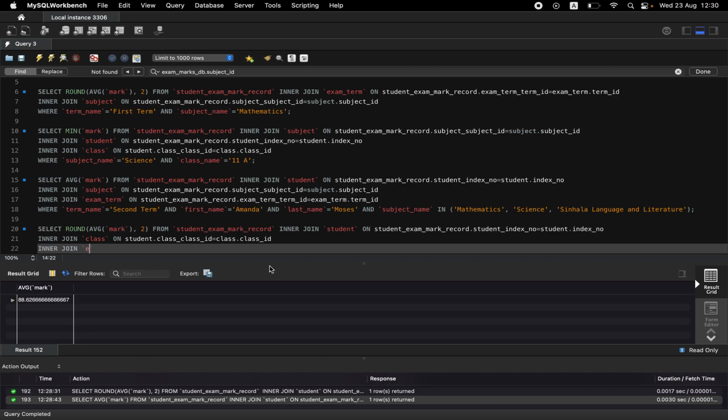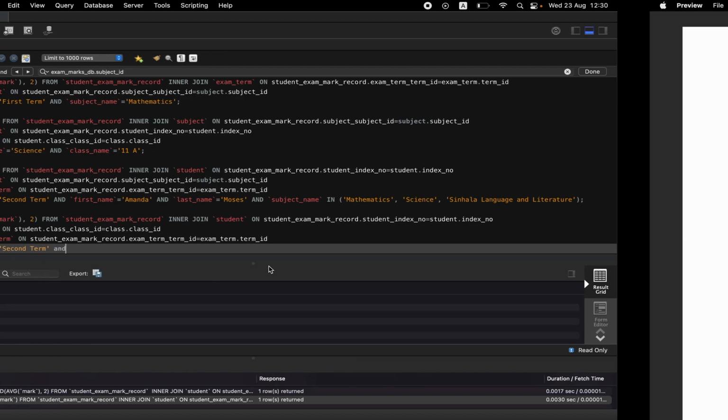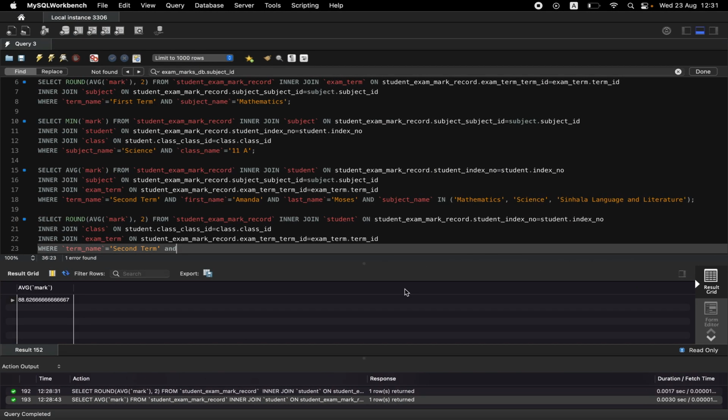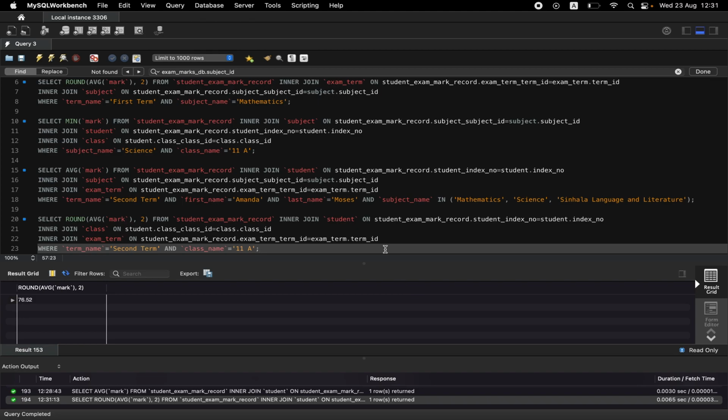Inner join exam term on student exam mark record dot exam term id is equals to exam term id, where term name is second term and class name is 11A. So this is the answer for the last question.